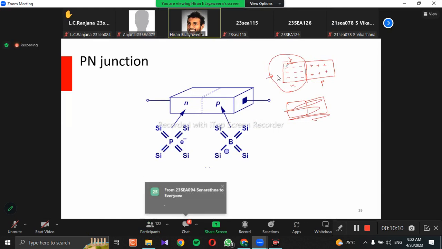Remember that what I have drawn here are free electrons, but the corresponding proton is inside the nucleus. So whether it is the N area or the P area, these are not charged. When you consider the average, there is no charge. It's a neutral particle, zero charge. Is it clear to everyone?